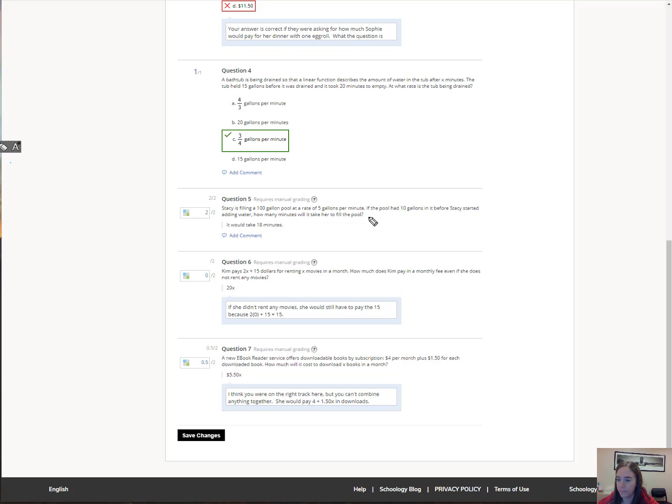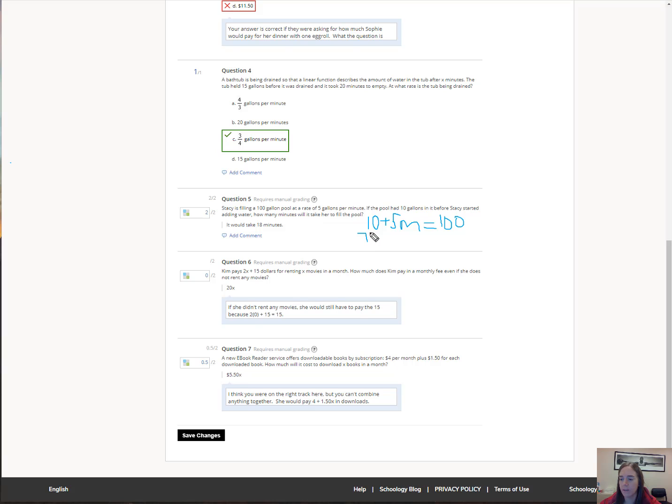The pool started with 10 gallons, and we're adding 5 gallons per minute, and it has to add up to 100 gallons. Then we would just have to solve that equation.